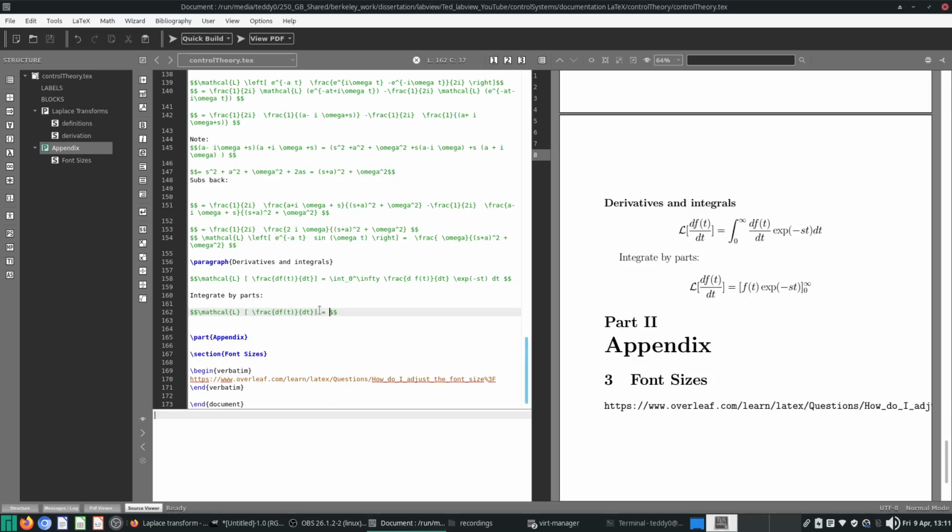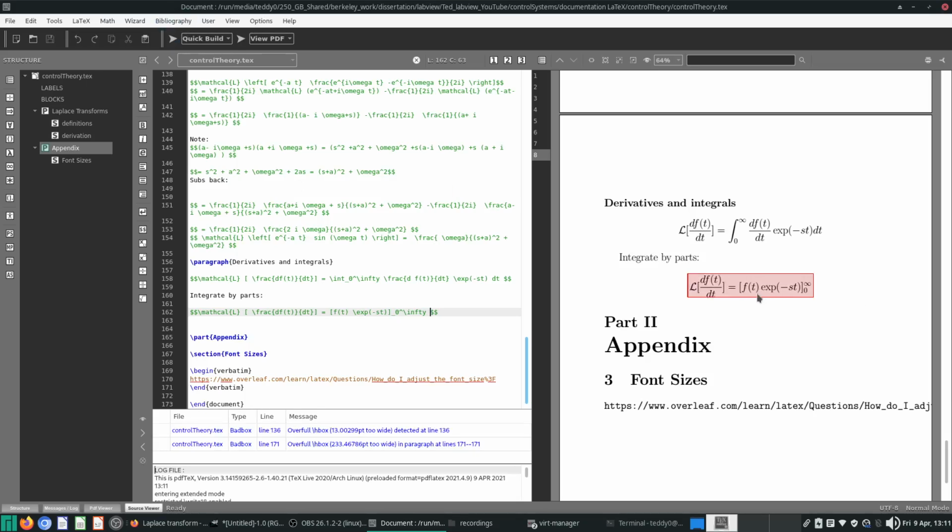This is what we are supposed to evaluate first. It's not the Laplace transform, but it looks like the Laplace transform. So this is the first part.